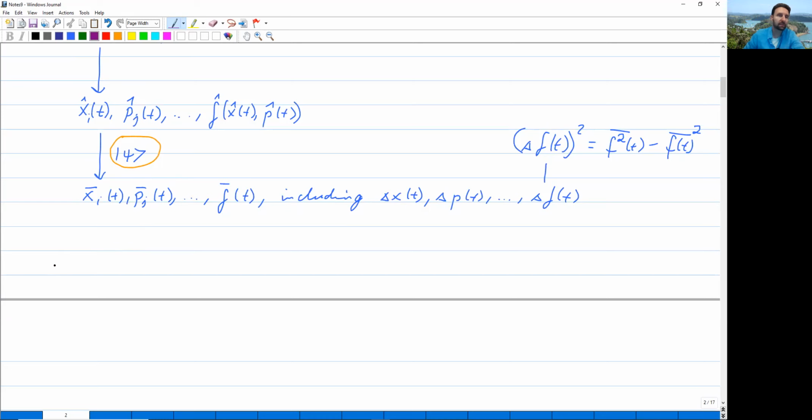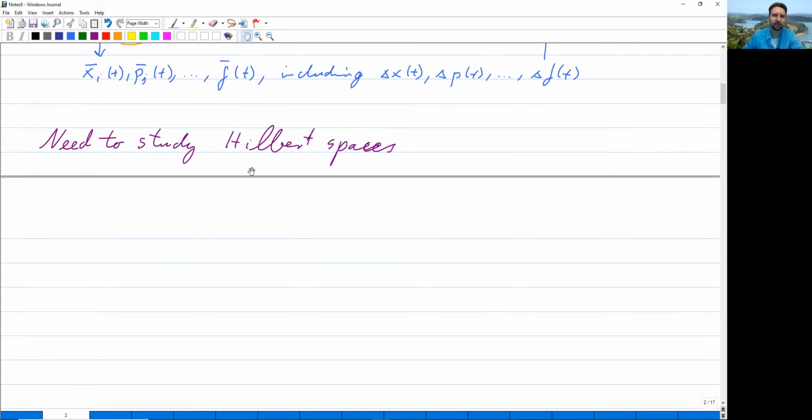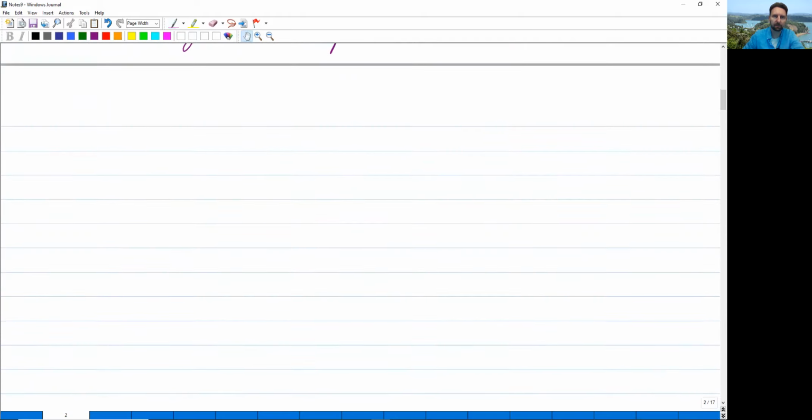So what we will need to study is Hilbert spaces. You've, of course, heard of Hilbert spaces, but maybe not of the subtleties that come up when you study Hilbert spaces.